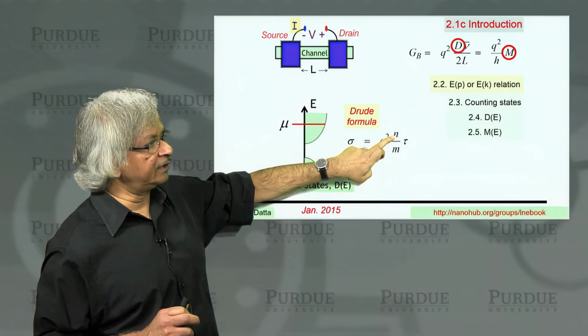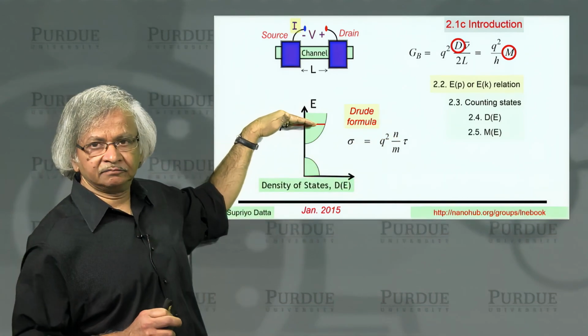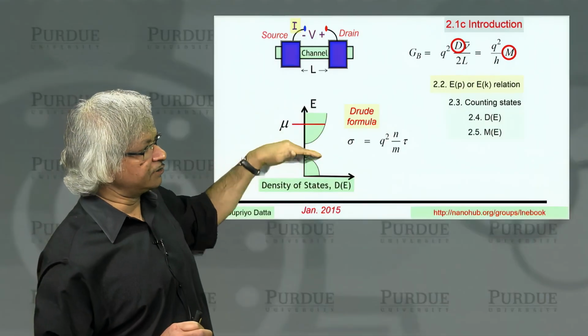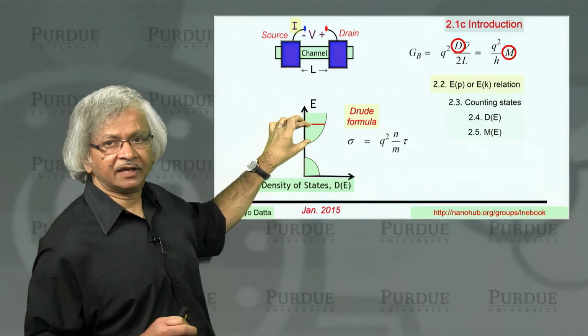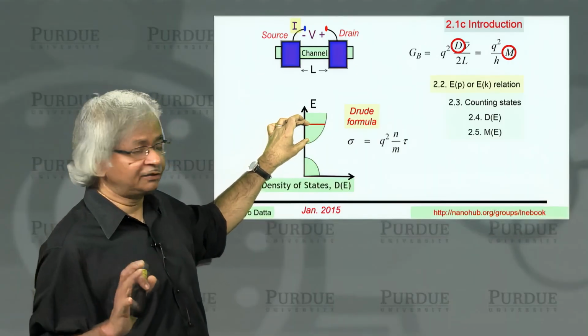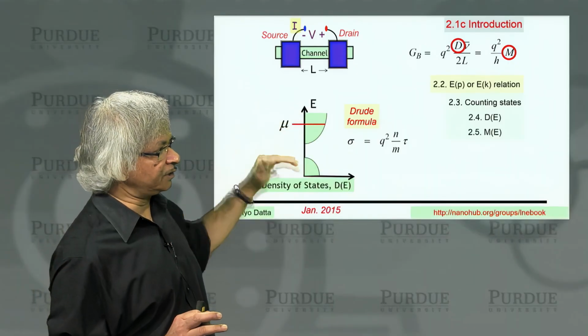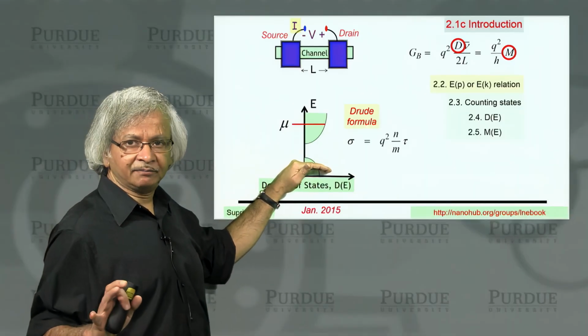And what's this electron density? Well, the idea is if you have a certain chemical potential that tells you how far the levels are filled, then this N is the number of electrons in that band below it. And we talked about some of the subtleties involved, like what happens when this electrochemical potential is near the top of the band, for example.